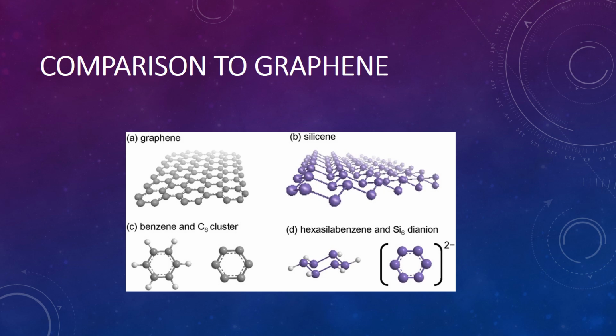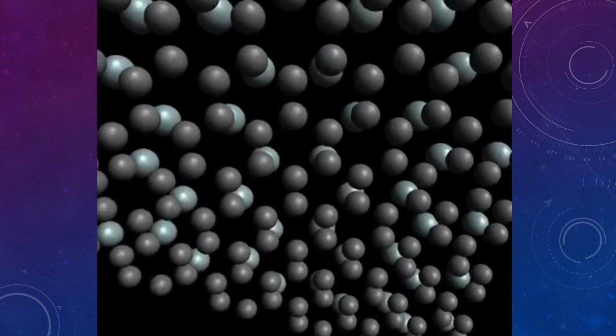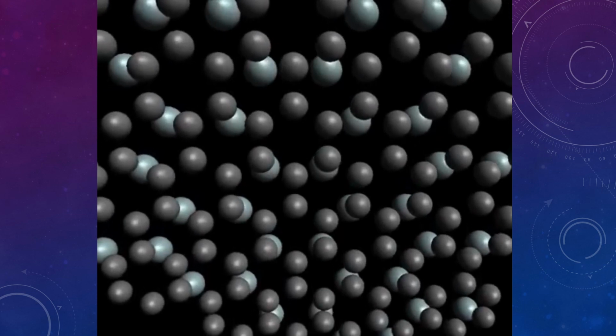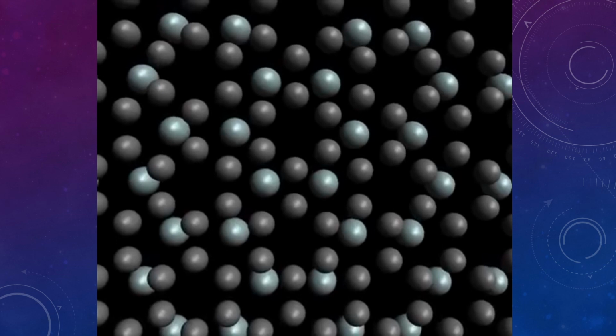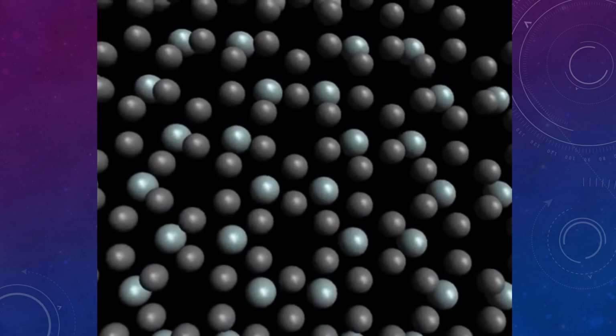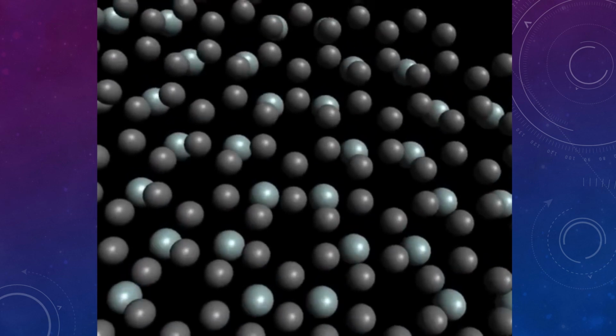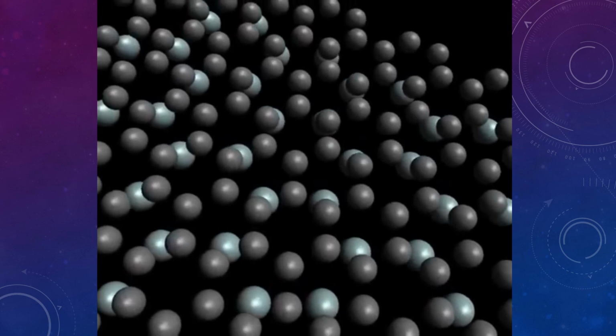buckles here. And this is a video that shows the difference between the graphene and the silicene in the shape. So let's see this video. The graphene is the gray one, and the silicene is the green one.